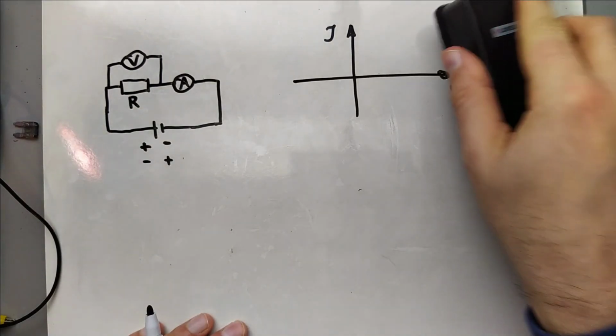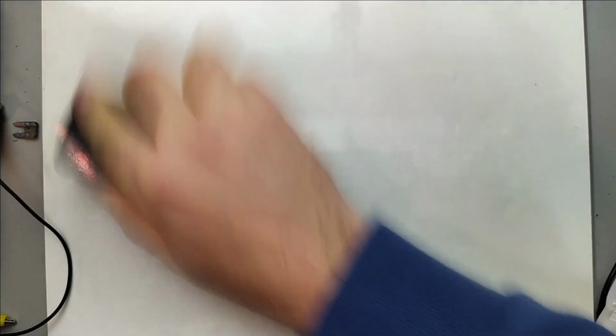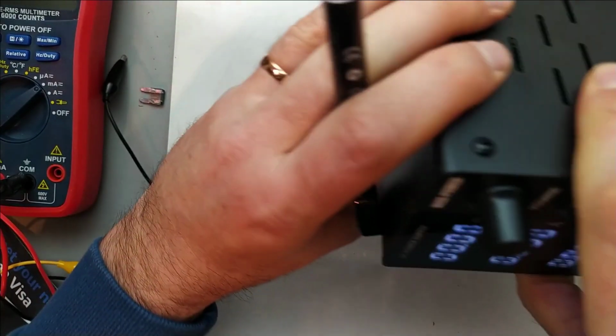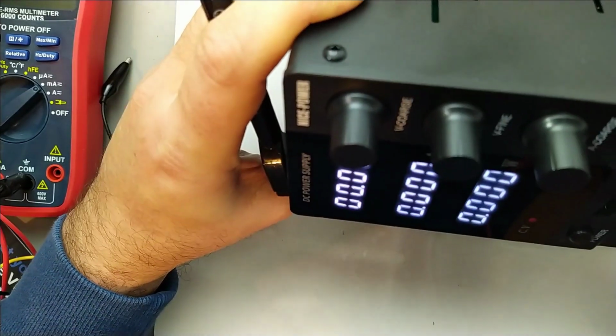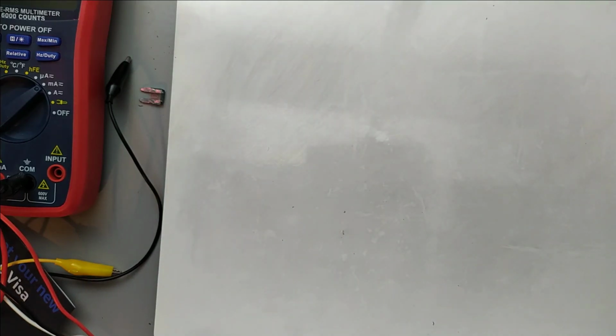So let me consider our instruments which we are going to use, and here we have a power supply which we will use for providing potential difference, as a DC power supply in our circuit.